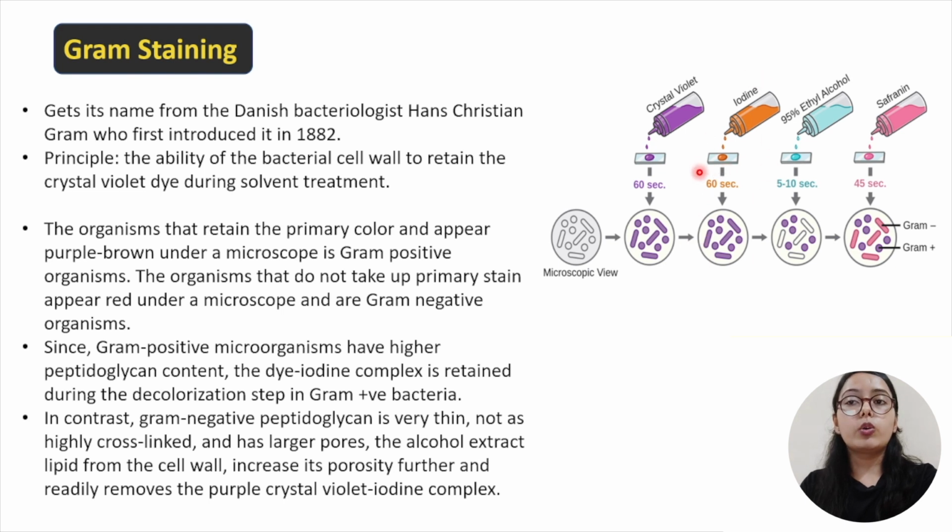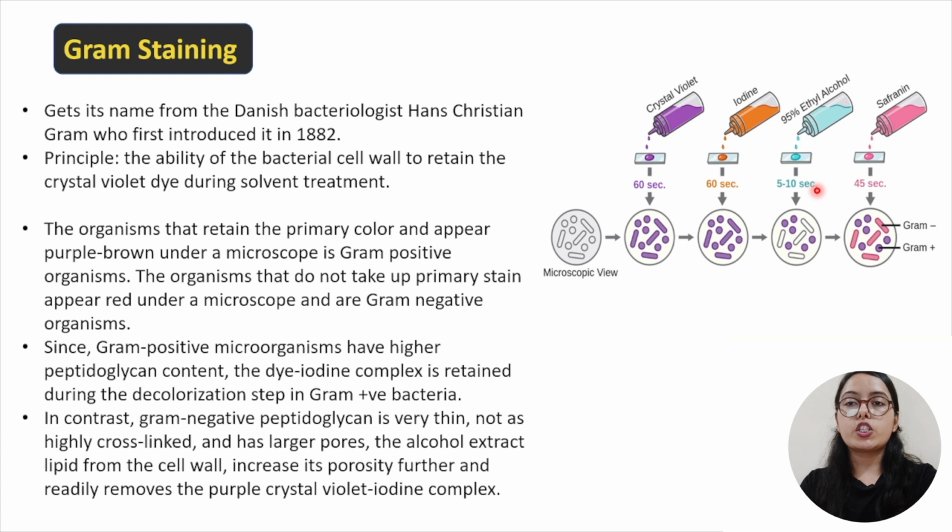In this step, the crystal violet and iodine complex is made, and then the next step is the decolorization step, where the crystal violet and iodine complex is decolorized using alcohol, and this step generally takes 5 to 10 seconds.